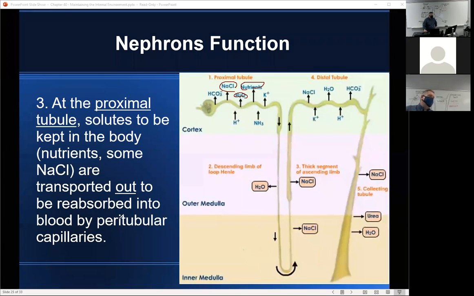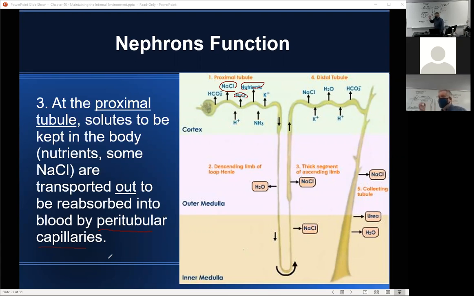Now, this is probably a new term for you: peritubular capillaries. Capillaries are very small diameter blood vessels. In fact, they're the smallest diameter blood vessels in our whole body, okay? Peritubular just refers to around the nephrons. So when we talk about peritubular capillaries, we're referring to very small blood vessels that surround the nephron.